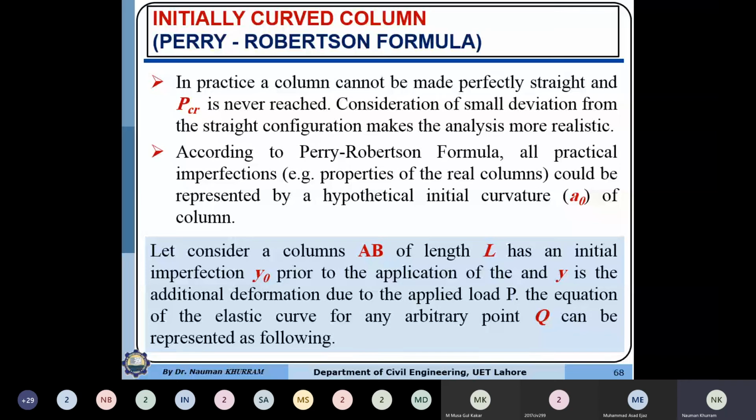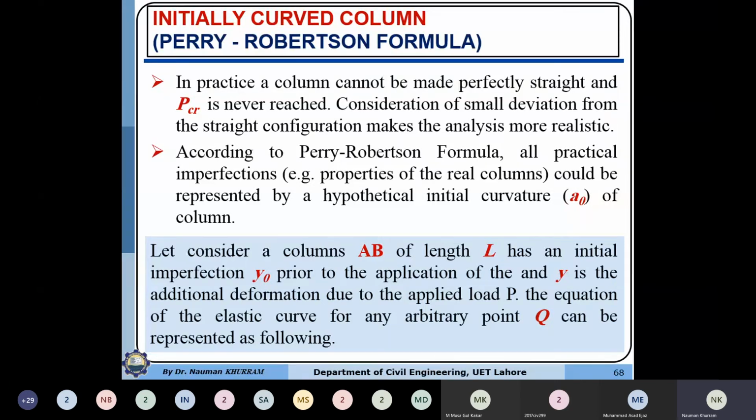Okay, next is the third type. Now, if a column is initially crooked, it means that it already has a geometric imperfection. The load is concentric, but it has an initial out of plane deformation. In that case, again, the out of plane deformation will also decrease the capacity.